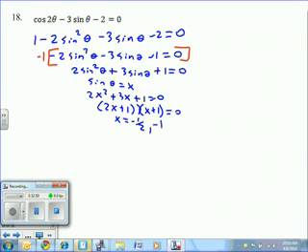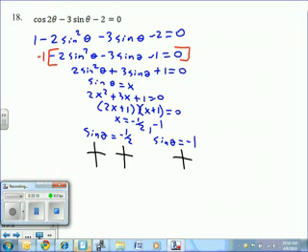Okay, so you would have skipped all that stuff if you used your ACT program. So now I have sine theta equals negative 1/2, and sine theta equals negative 1. Where is sine negative? 3 and 4.